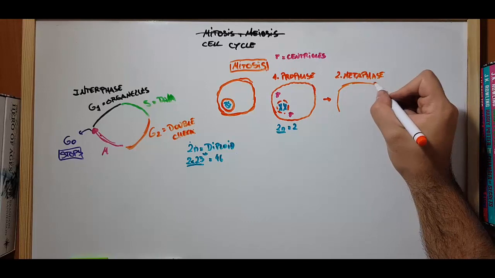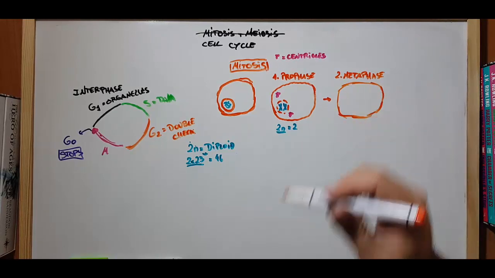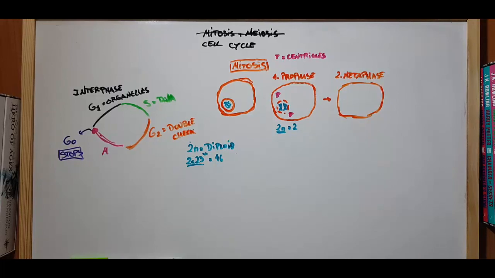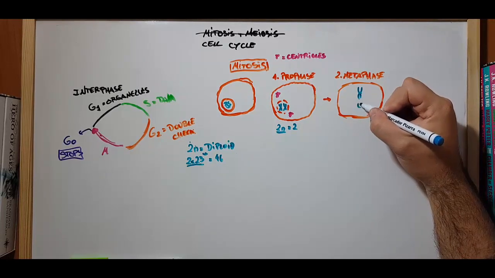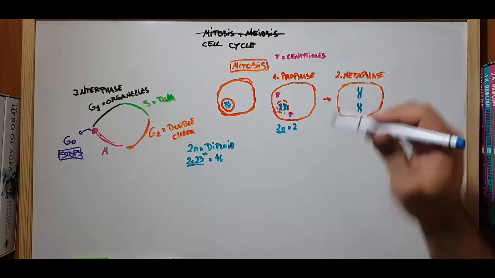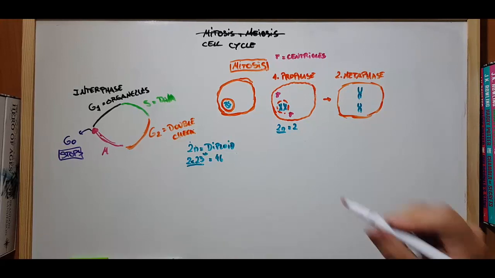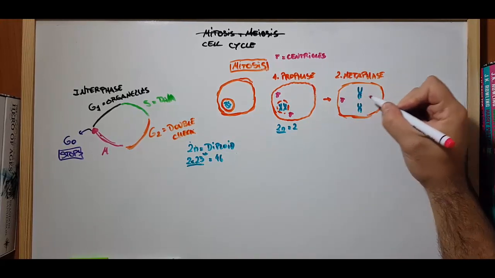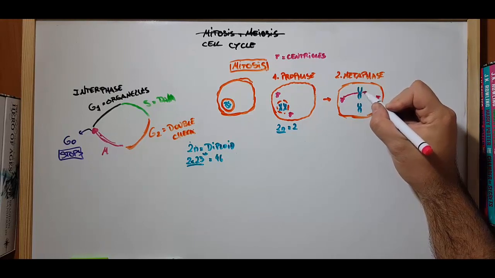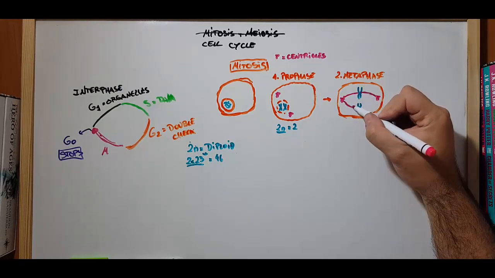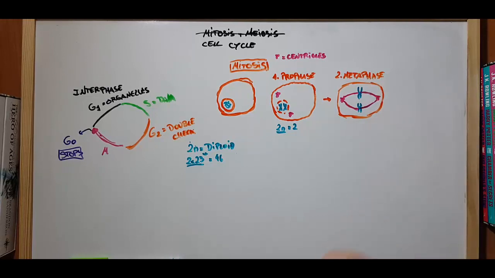So in the metaphase, the chromosomes are going to align in the center of the cell, thanks to our friends, the centrioles here, that are going to extend microtubules, and they're going to be attached to the centromere, okay, like this.